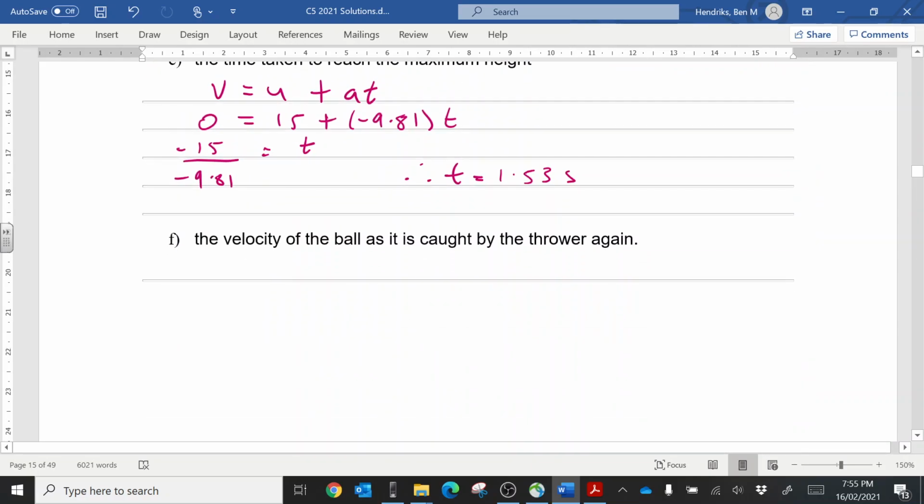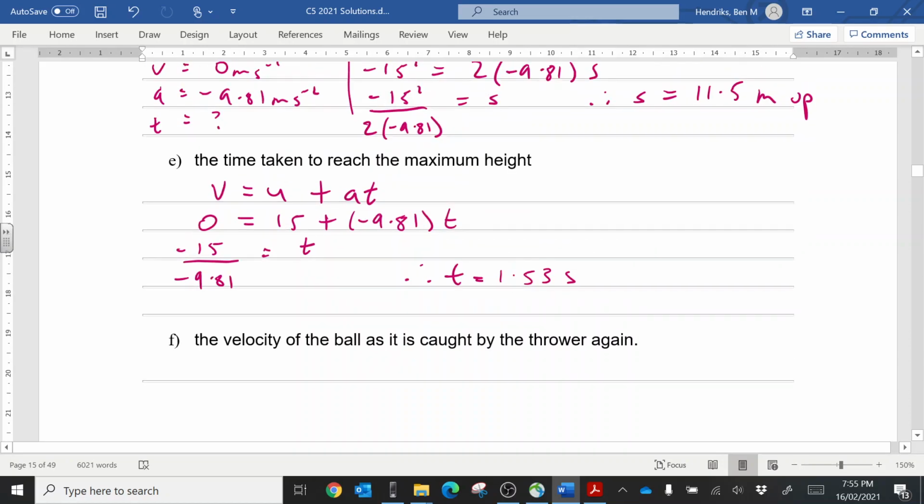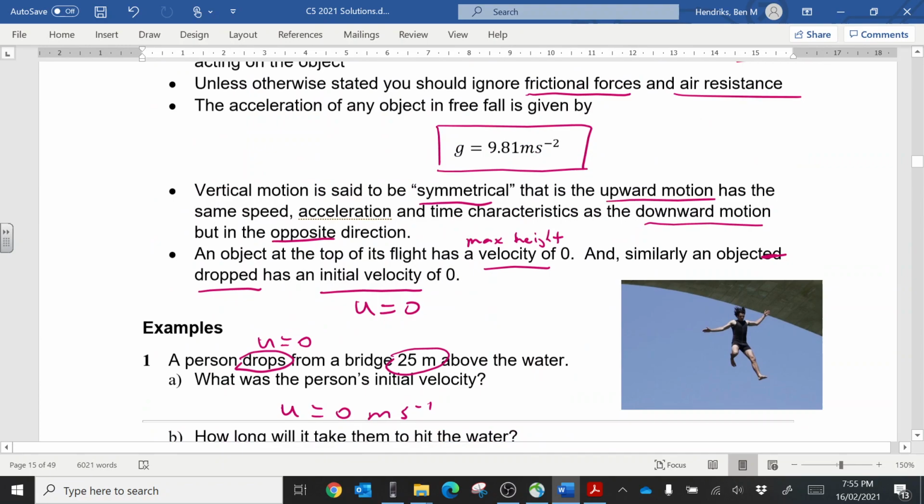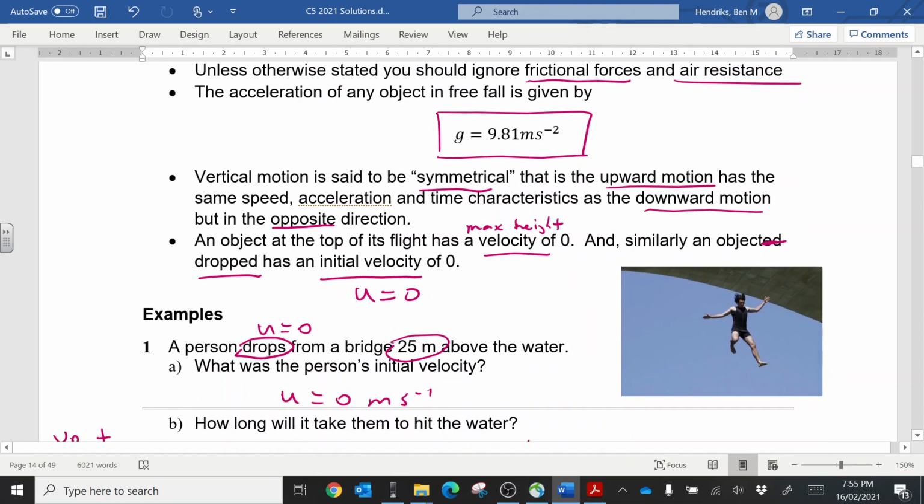And the velocity of the ball as it is caught by the thrower again. You can go through all the SUVAT problems again from the maximum height downwards, but we know from earlier that an object at the top of its flight has a velocity of 0, and similarly an object dropped has an initial velocity of 0. Vertical motion is said to be symmetrical.